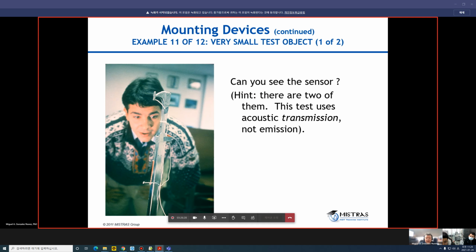This is another coupling. This is a very small sensor, a pico sensor. So it's one here, one here. And in this case, we are using acoustic transmission, not emission.